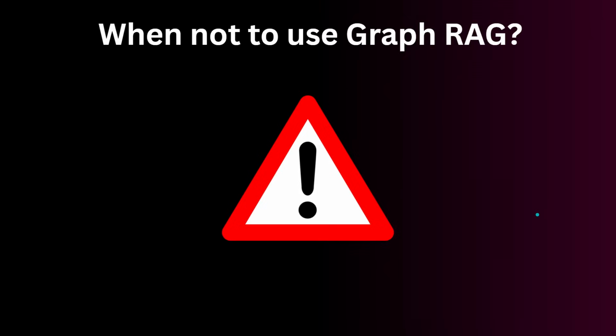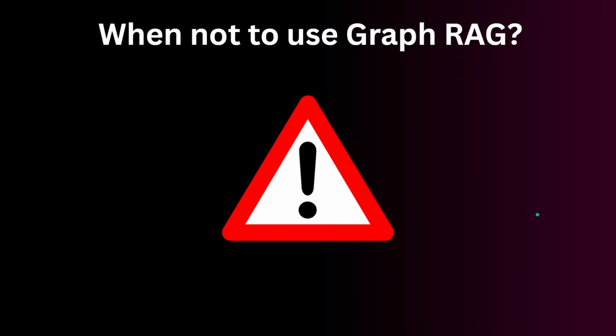And while GraphRAG is powerful, it's not always required. For small datasets like Q&A, or cases where questions don't involve multiple entities or relationships, classic vector RAG is often sufficient. Adding a knowledge graph introduces complexity. Building and maintaining nodes, edges, and hybrid retrieval pipelines take time and resources.